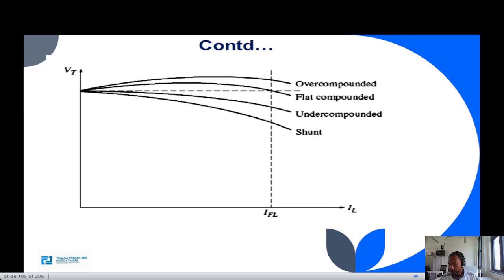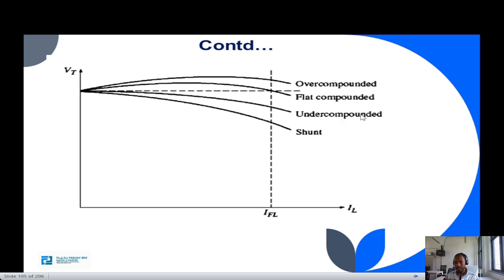Based on the number of turns of the series winding or shunt winding and the voltage they produce, we classified the compound generator as over compounded, flat compounded, and under compounded. You remember this. When the full load voltage is less than the no load voltage, it is called under compounded.